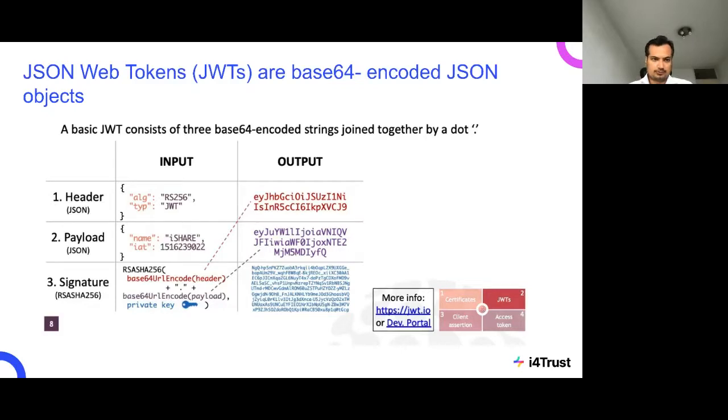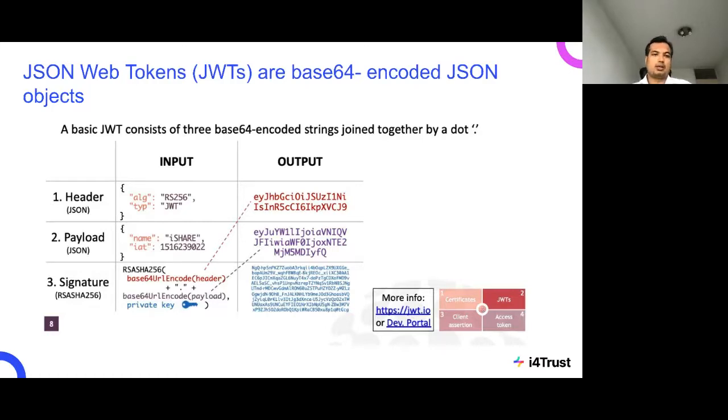The payload is where you have the information. So when you are creating an identity token, for example, you have attributes like name, issue date, expiry as well, but other things like an identifier or other information can be added. So that is where your data actually goes in.